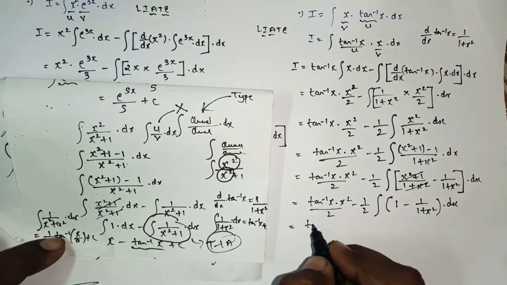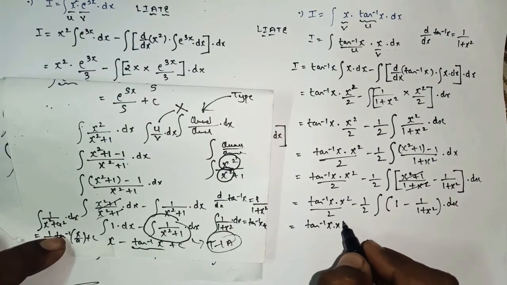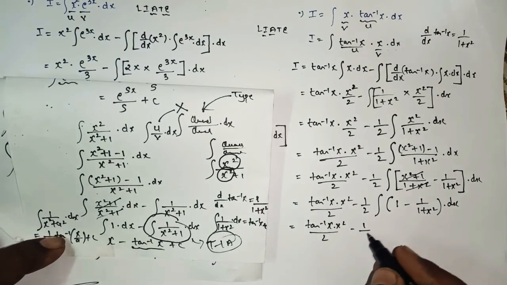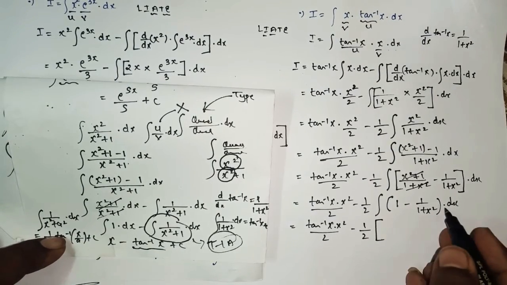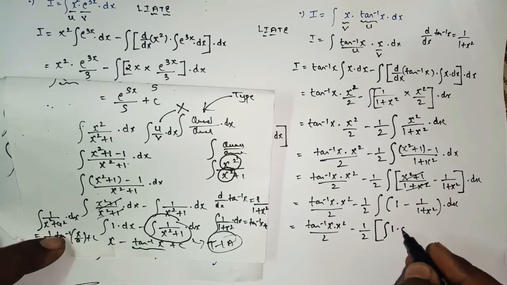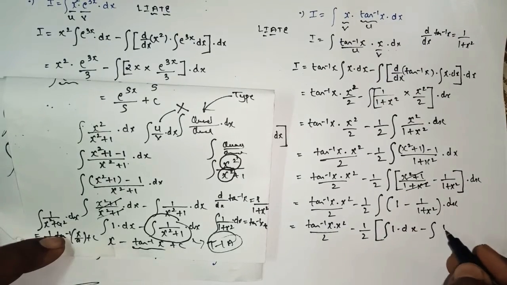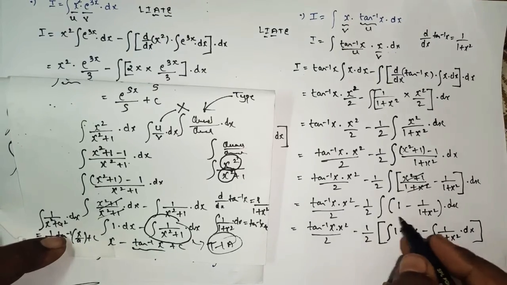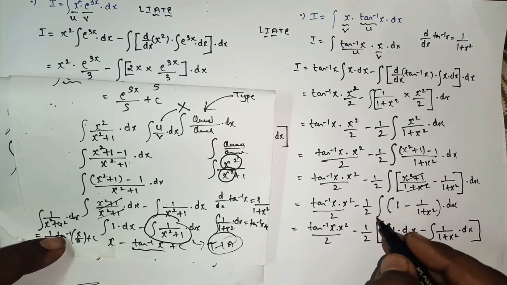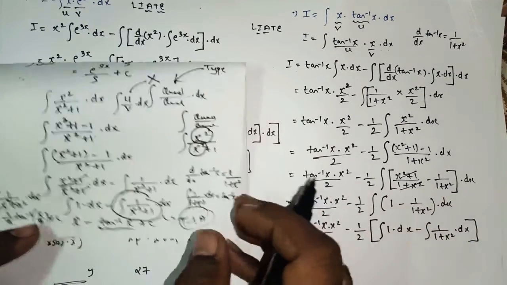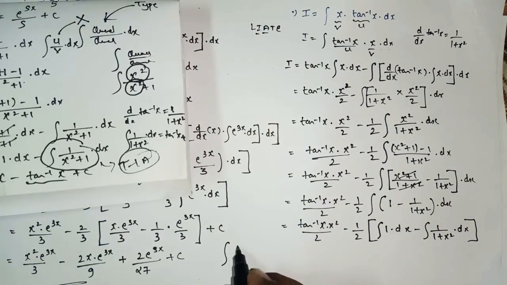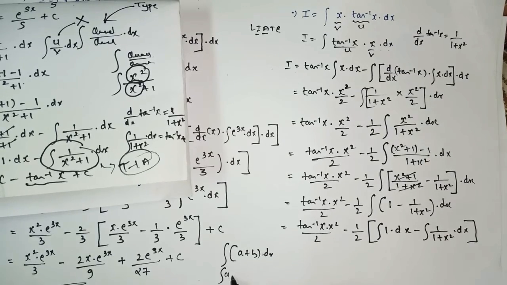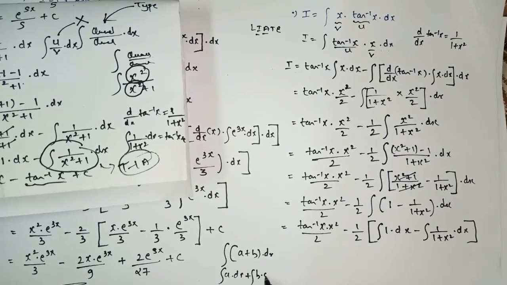So in the next step 1 upon 2, separate the integral, so this will be 1 into dx minus integration 1 upon 1 plus x square into dx, yes or no, as there are two terms. We know that whenever we have integral of a plus b into dx, we can separate the integral and find our answer.